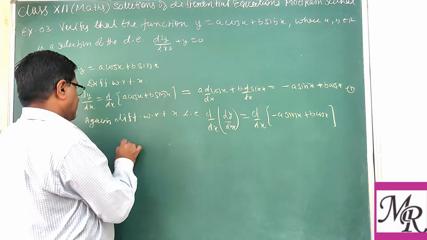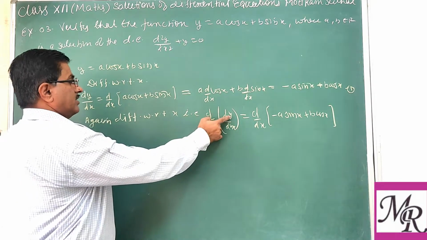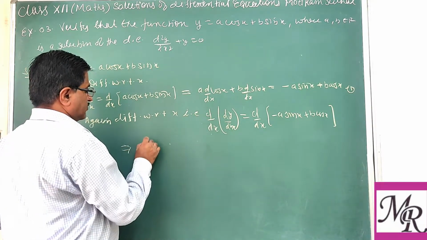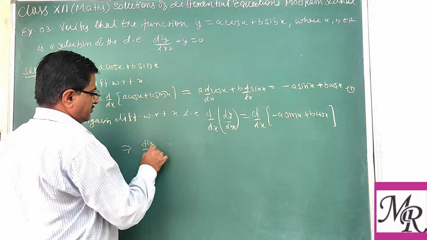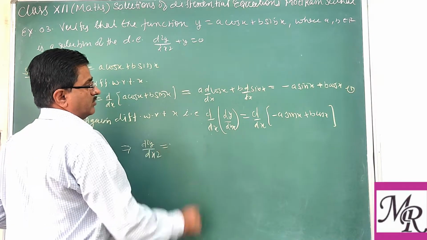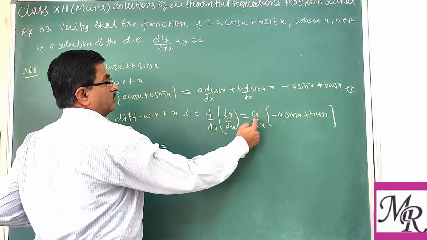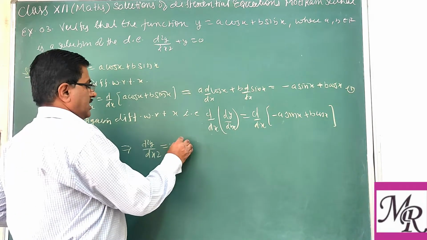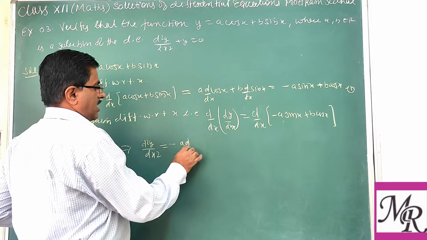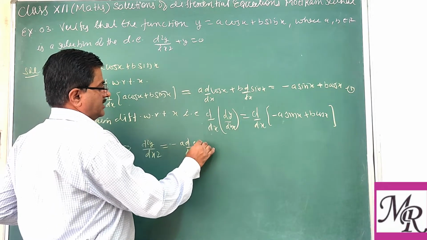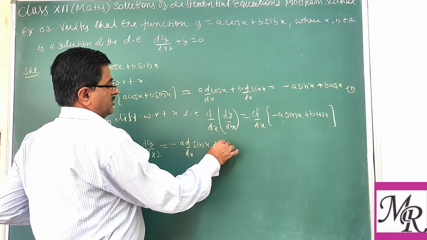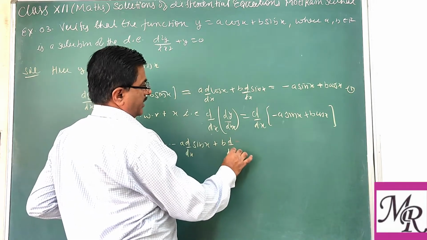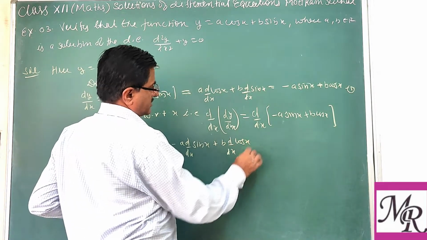So the left side can be written as d square y by dx square, the second derivative symbol, equal to, now again using the algebra of derivatives, minus a d by dx of sin x plus b into d by dx of cos x.